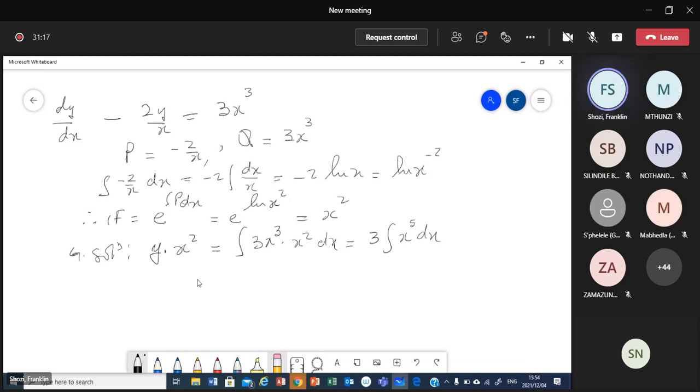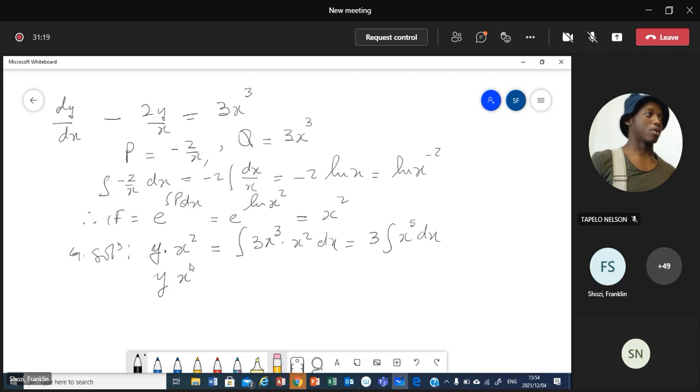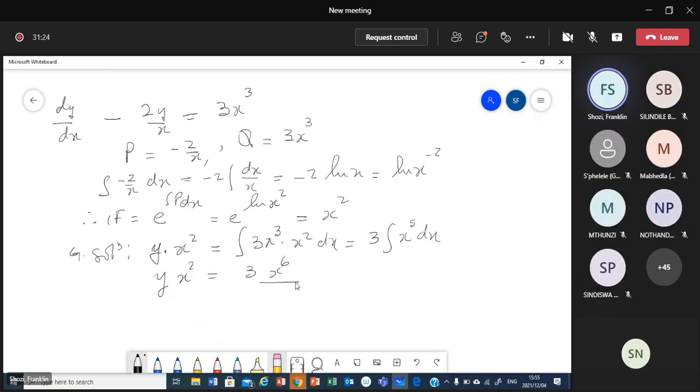Then what is your final answer? y x squared is what? It is 3x to the power 6 over 6. Excuse me, sir. Yes. Let's see. It's a negative 2, x to the power of negative 2, not x squared. Wait.